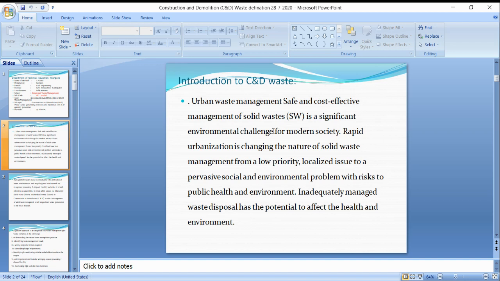Municipal solid waste is what we get from the community. Biomedical waste is what comes from hospitals, clinics, or research laboratories regarding humans or animals. These have different methods for disposal.